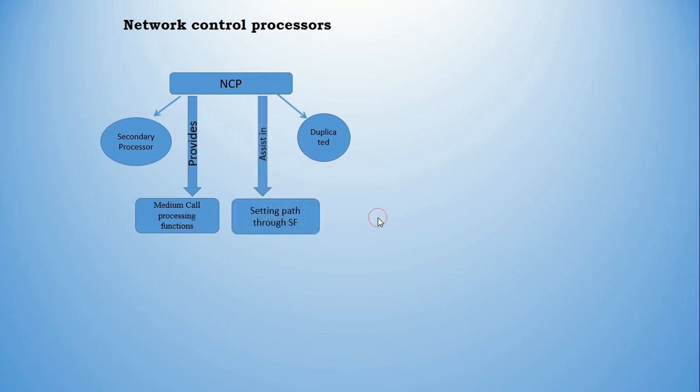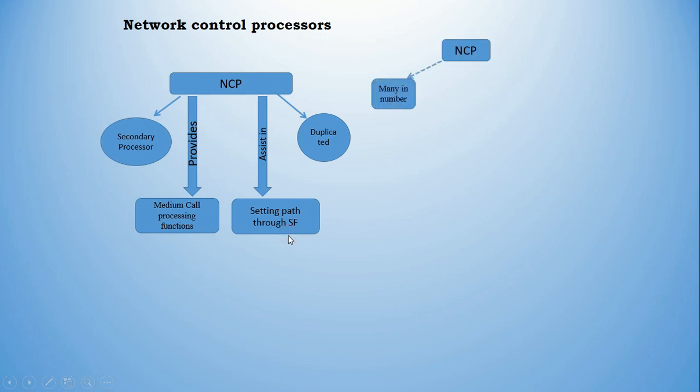And afterwards it will be assisting in setting the path through the switching fabric. That means because NCP is connected to IC and IC is connected to modules with the assistance of switching fabric, so to connect and disconnect subscribers, it will be helping the switching fabric.